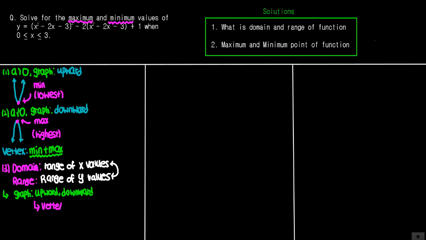But if they give us the domain or the range of this function, whose graph opens upward or downward infinitely, we are thinking about the limitation of the graph. And we can actually prove it visually by solving this question.